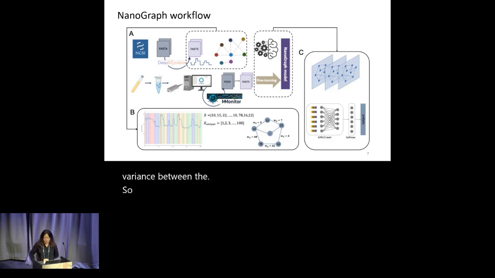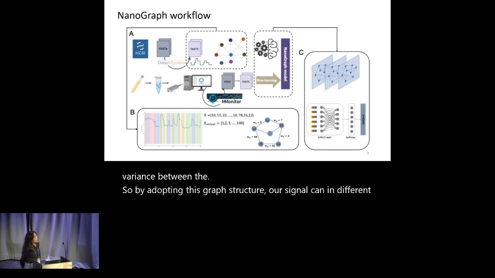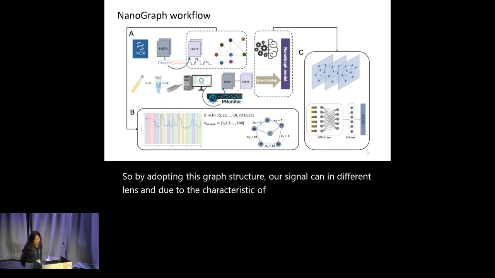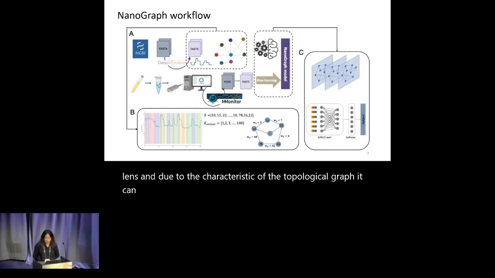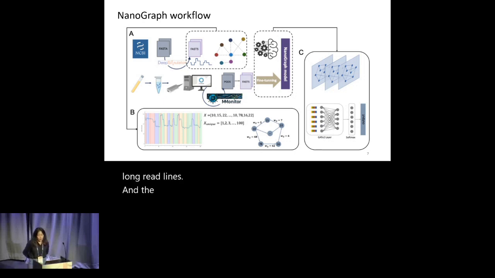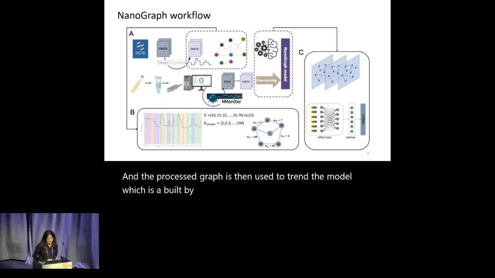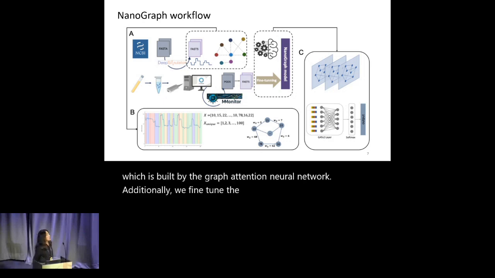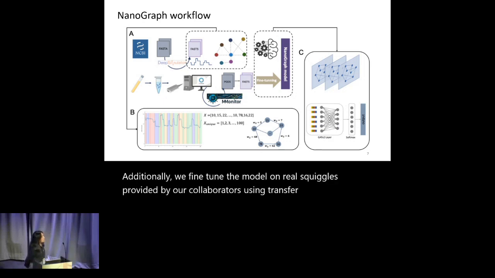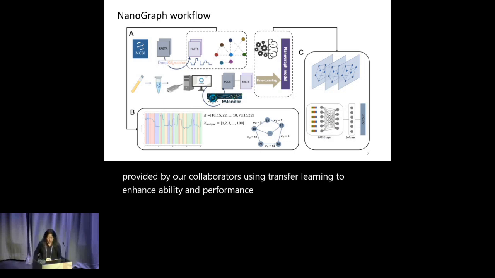By adopting this graph structure, our signals can be of different lengths, and due to the characteristics of the topological graph, it can capture complete information carried by long and ultra-long read lengths. The processed graph is then used to train the model, which is built on a graph attention neural network. Additionally, we fine-tune the model on real squiggles provided by our collaborators using transfer learning to enhance the ability and performance of our models.